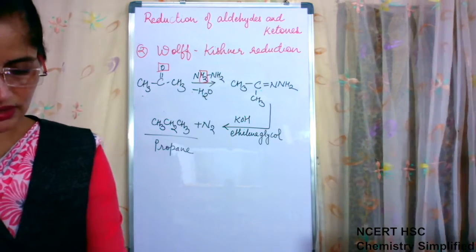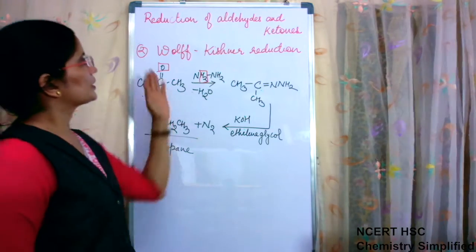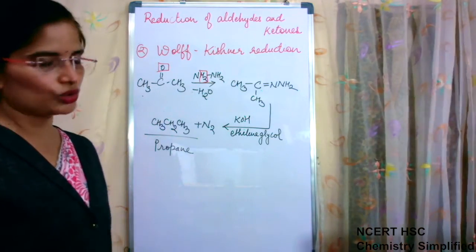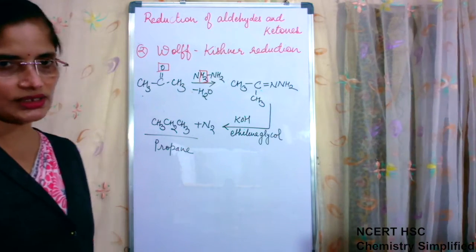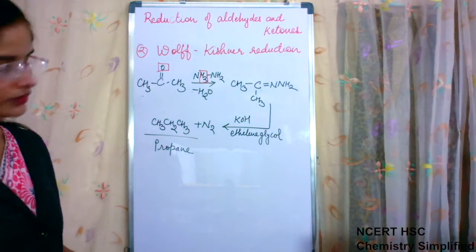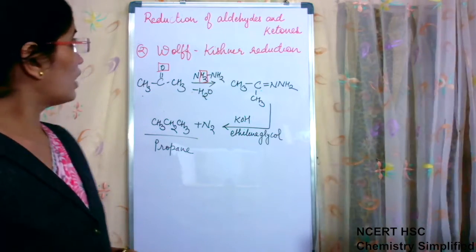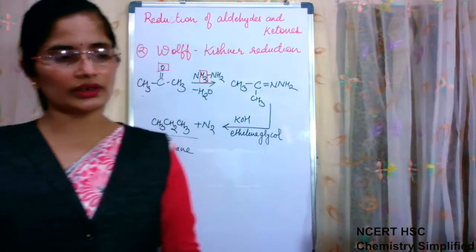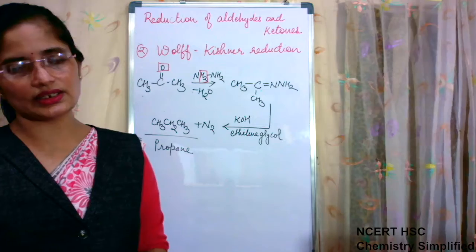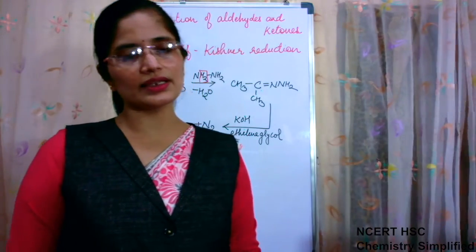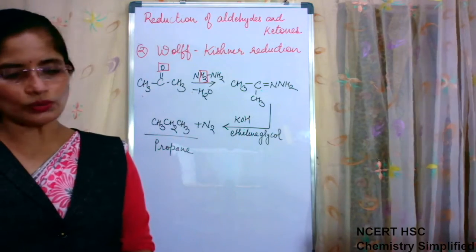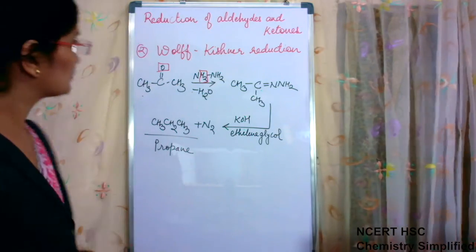So we have these three reactions for reduction of aldehyde and ketone. Two are name reactions, both are important, Wolff-Kishner reduction and Clemmensen's reduction. Okay. Now after reduction, another important reactions are oxidation reactions of aldehydes and ketones. They can be reduced as well as they can be oxidized to acids also.